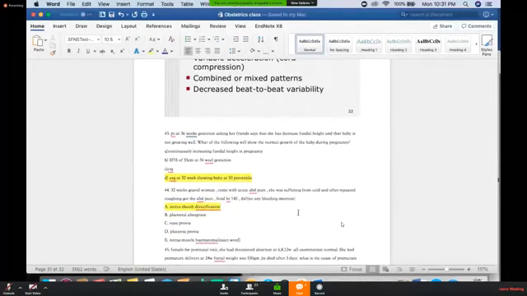Okay. Next question. A patient at 36 weeks gestation says her friends told her that she had decreased fundal height and that the baby is not growing well. Which of the following will show normal growth of the baby during pregnancy? So her friend says the fundal height is not good and the baby is not growing well. So, symphysis fundal height of 35 centimeters at 34 weeks gestation.